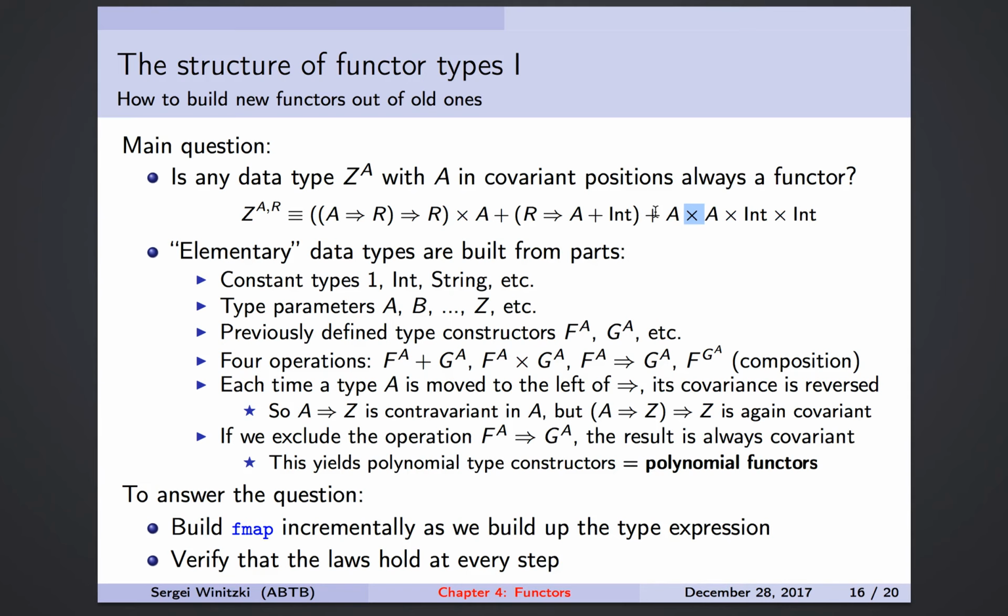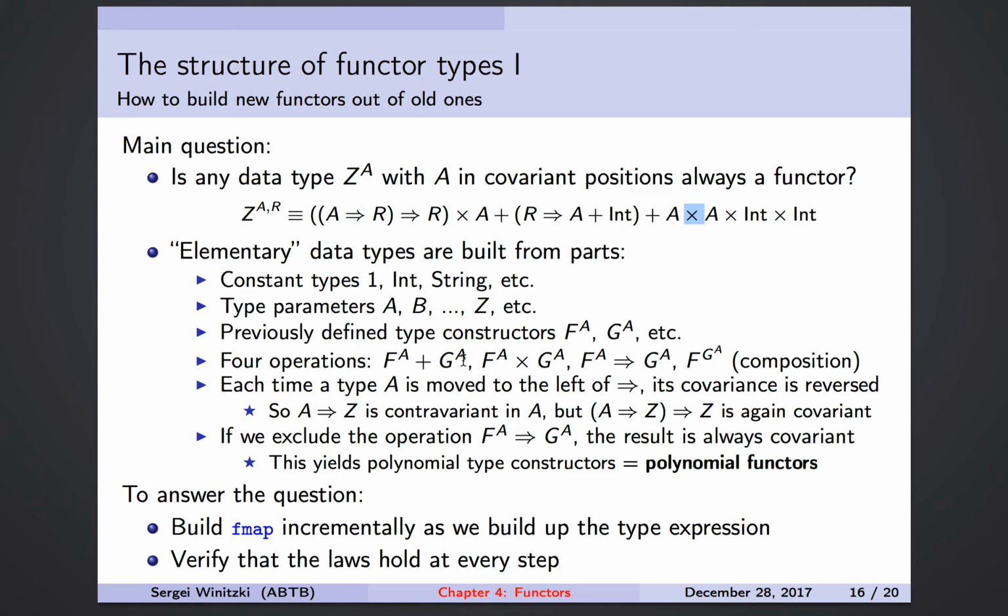And to answer this question, we're going to build Fmap incrementally as we build up the type expression out of these parts and operations. And at every step, when we take, for example, two parts and put them together, we define what the Fmap is for the new type constructor, and we check the law that holds at that step.